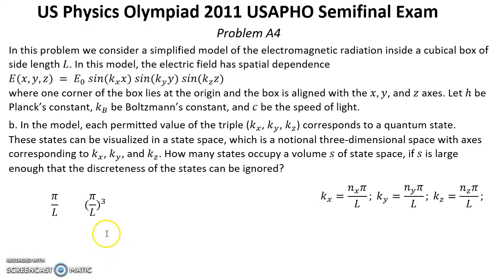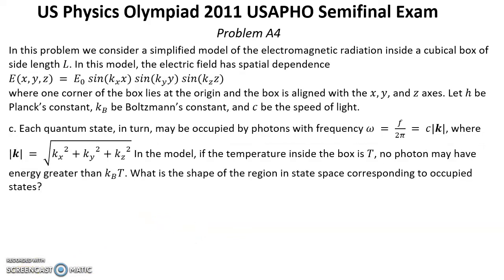So each state could occupy a volume of (pi over L) cubed in this space, and if we have space volume S, the number of states could be found by dividing this volume S by this unit volume. That N is the answer for question B.